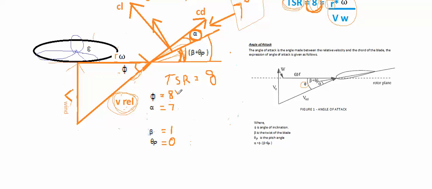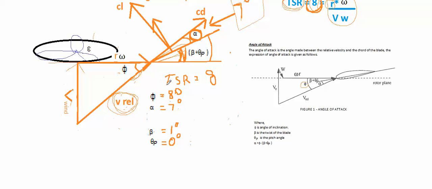These all are degrees. So let's analyze what will happen when the TSR changes. Say for example the TSR now is 4. So let's copy this and paste it here.